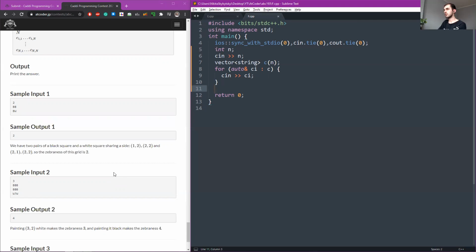If these question marks do not share sides, then it's also trivial, right? But if they do, it becomes not very trivial.